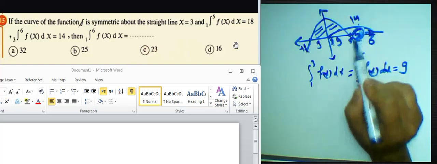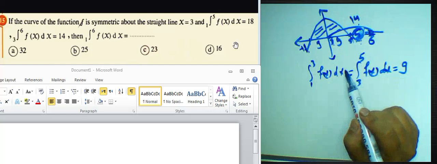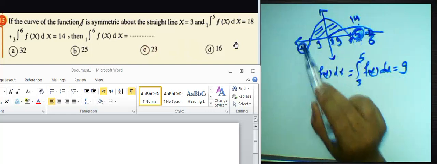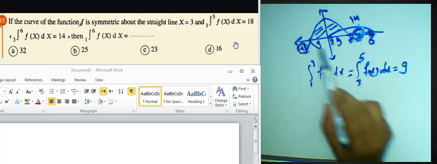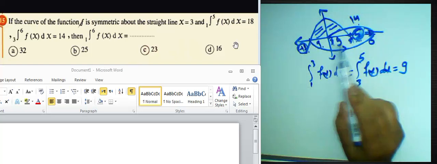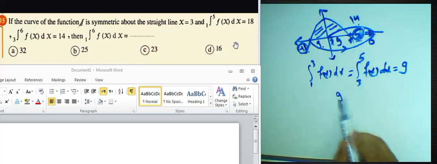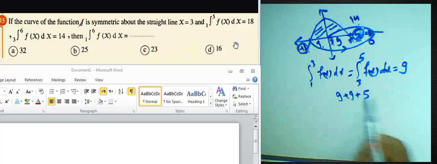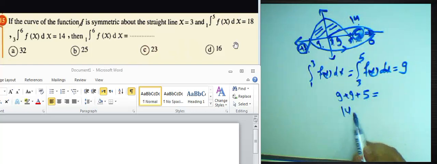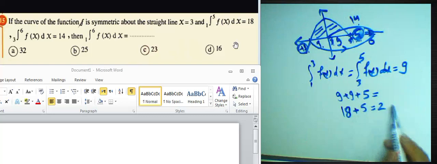Okay, this is 5. He wants to find the integration from 1 to 6, so we must add them: 9 plus 9 plus 5. 18 plus 5 equals 23.